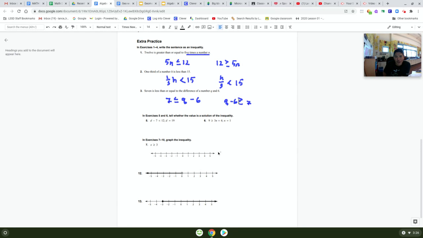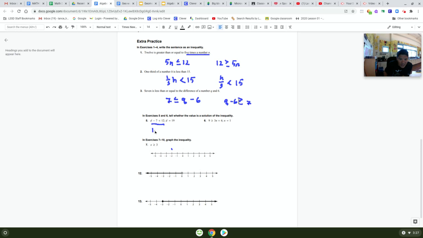All right, on the next set of problems, sorry about skipping the numbers here. The more important thing is doing basically each type of example, not the problem numbers. Like if you notice there's no number 4, but it says tell whether the value is a solution to the inequality. Here's my inequality, d minus 7 is less than 12. Really what you want to do is figure out if d equals 19 is a solution to this inequality. So you could substitute, plug in 19 for d.